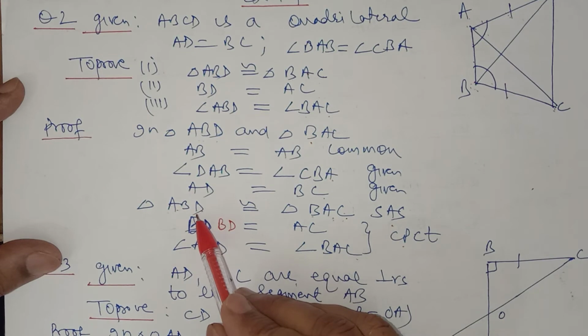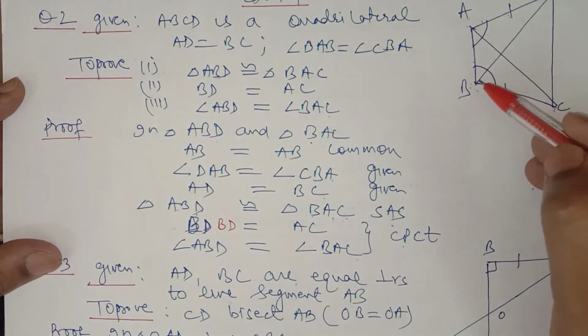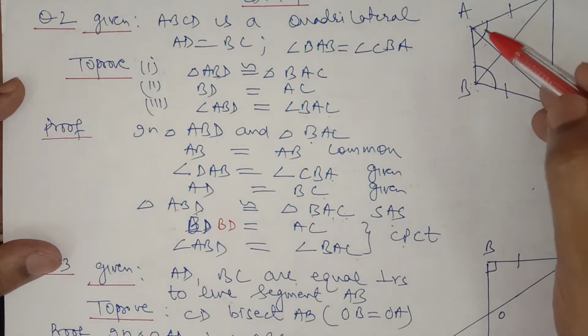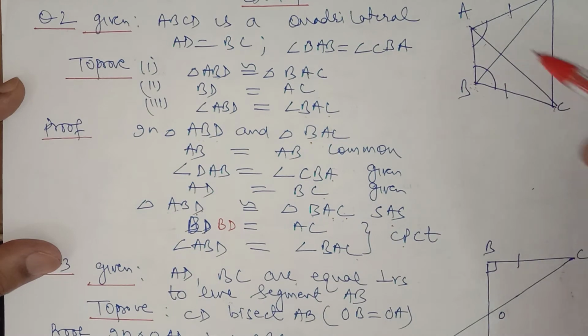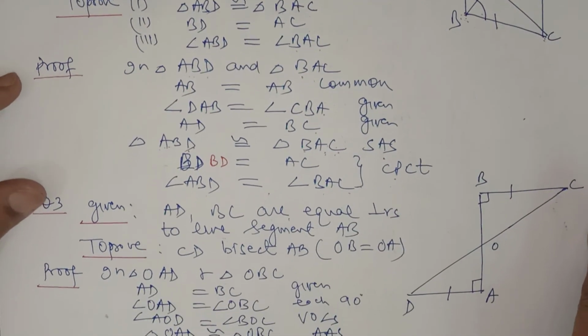Again, they are corresponding parts of congruent triangles. Angle ABD of this triangle and angle BAC of this triangle are equal by corresponding parts of congruent triangles. See the order: angle ABD will be equal to angle BAC.